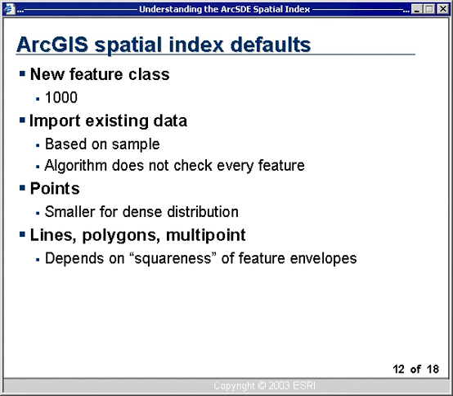I'm going to take a little stop for another polling question. Now that I've talked about the spatial index default values, I want to know how many of you have created spatial indexes or tried to load data and received some kind of error message telling you that the spatial index was either too small or too large.